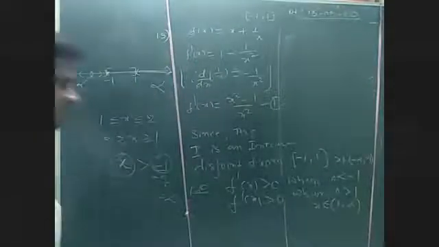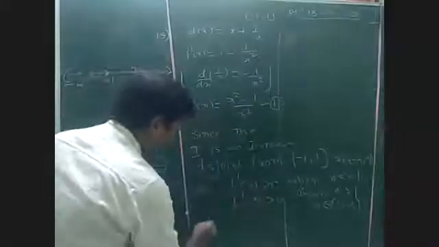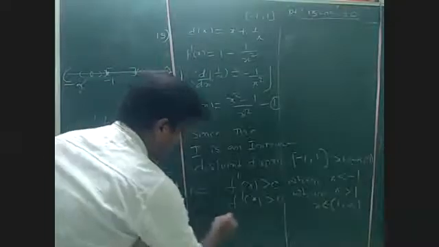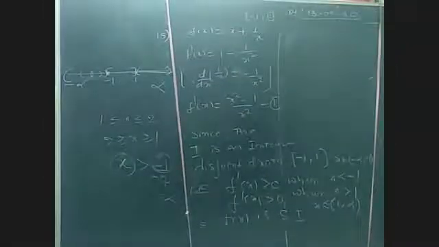Hence, whenever f dash of x is greater than 0, therefore f of x is strictly increasing in the interval I, which is disjoint from -1, 1.